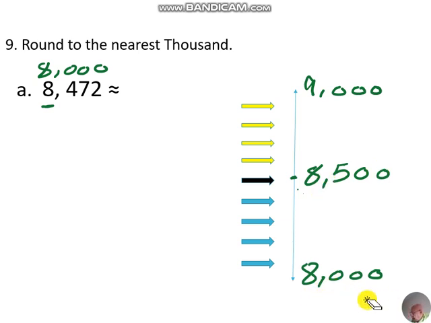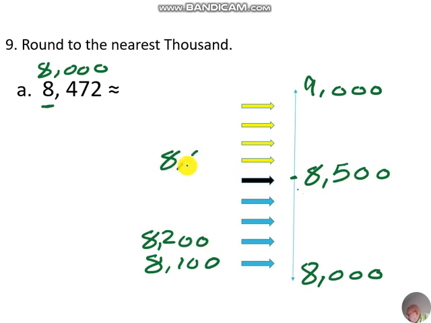Because the difference between 8,000 and 9,000 is 1,000, I go by 100. The first one becomes 8,100, and the one after 8,200, 8,500, the one above 8,600, and the last one here 8,900.